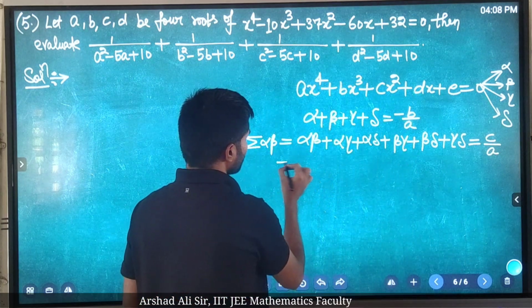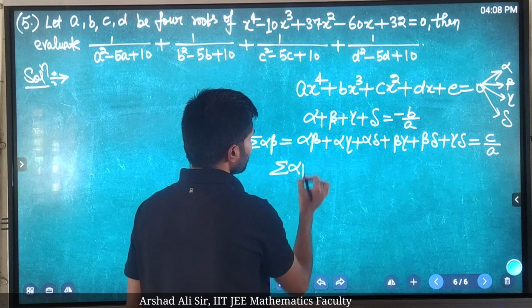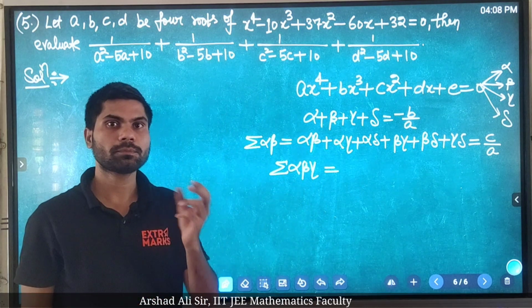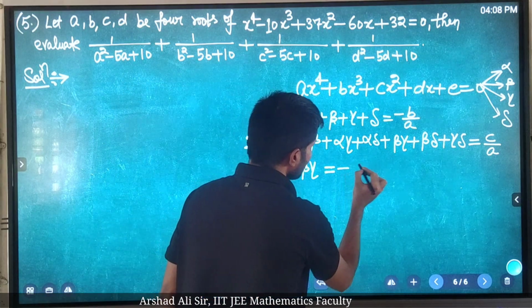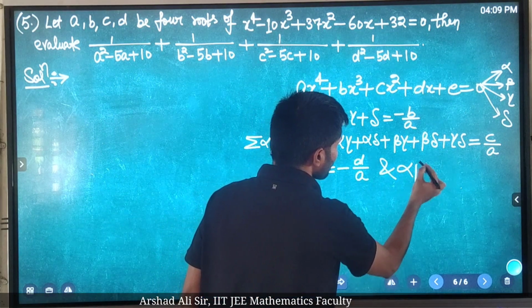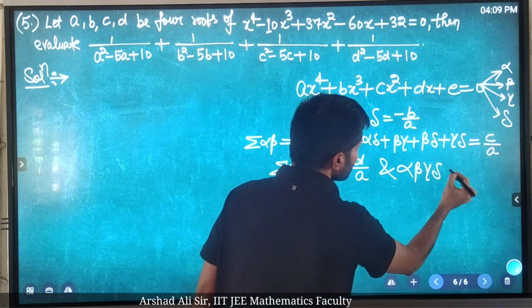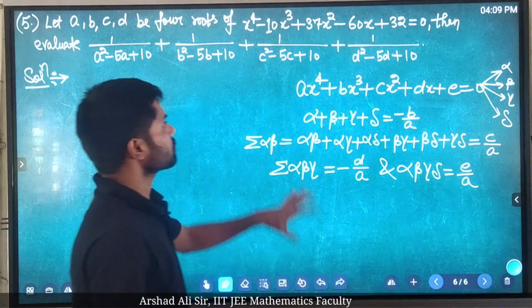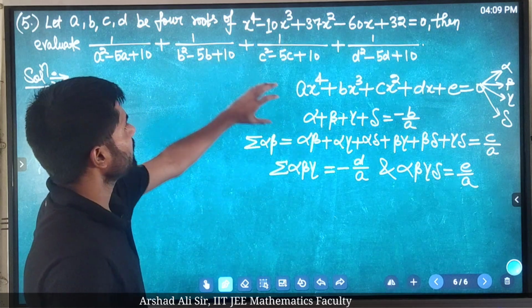And if you have to find sigma of alpha beta gamma, meaning at one time you take the product of 3 roots, it is minus d by a. Similarly, the value of alpha beta gamma delta is plus e by a. But in this question the roots are a, b, c, d.